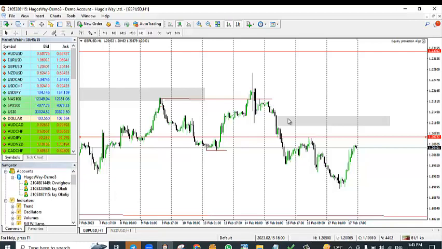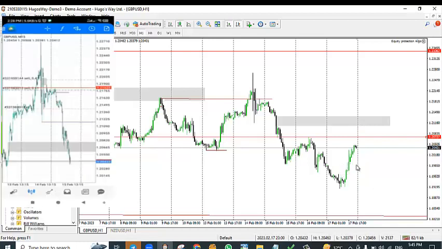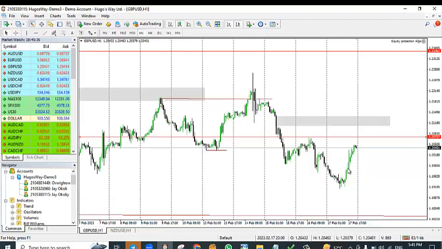So if you are bearish in a market scenario, you want to wait for price to come above the equilibrium before you look to sell. Then the bottom half is what we call discount. If you are bullish, you want to wait for price to come all the way to discount before you buy.